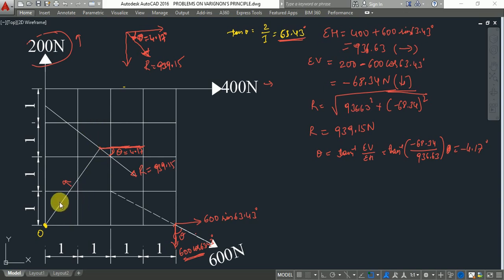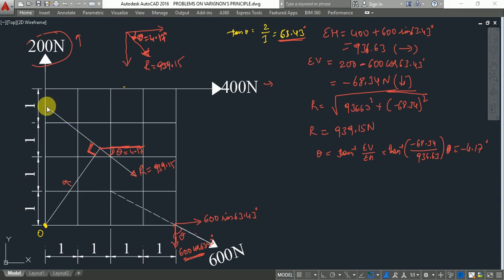Since this line is perpendicular to this one, this angle is 90 degrees, right? We know that this angle is 90 degrees. So 4.17 is the value of this angle now.